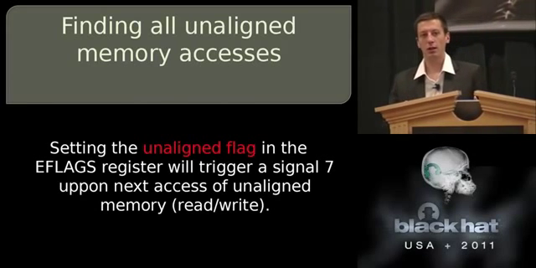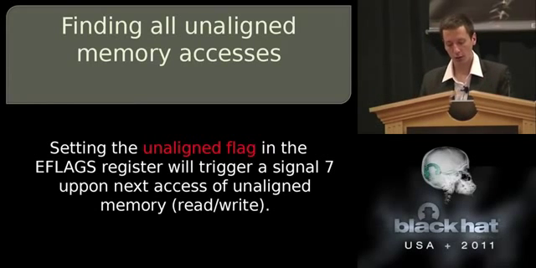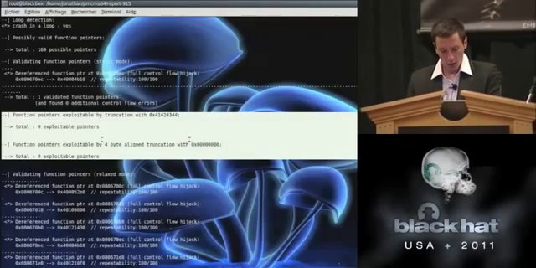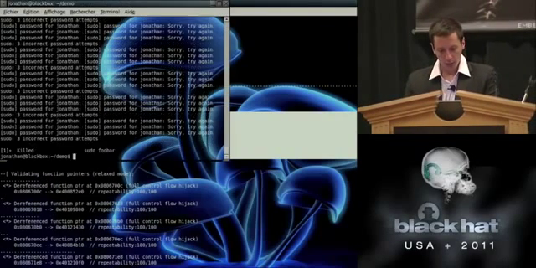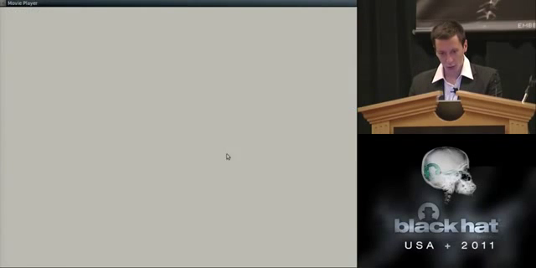This way we can very easily detect if the application is trying to read or write unaligned memory. My current machine is not 64-bit, but I have a video of this working on 64-bit. And if we have time, I'll do it on a 32-bit too.